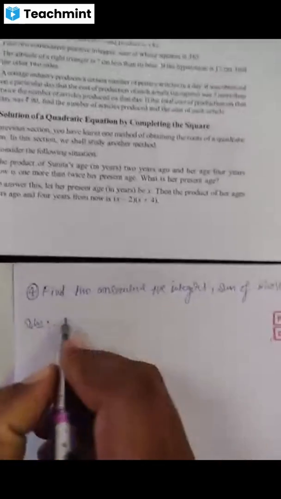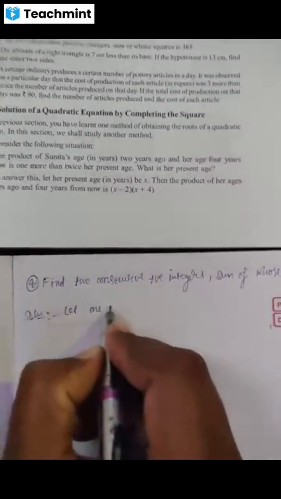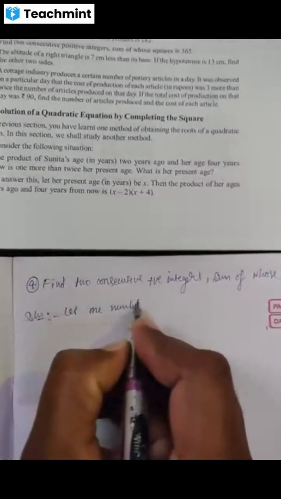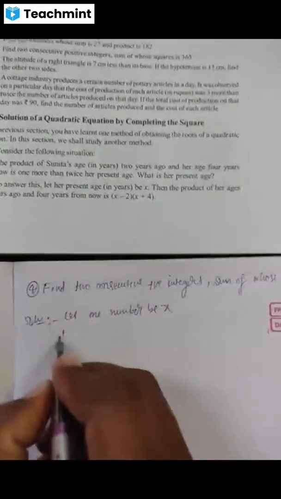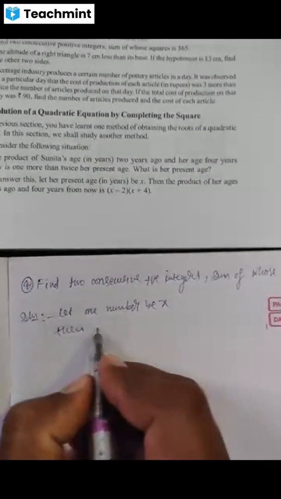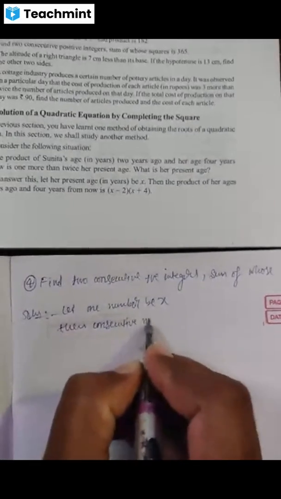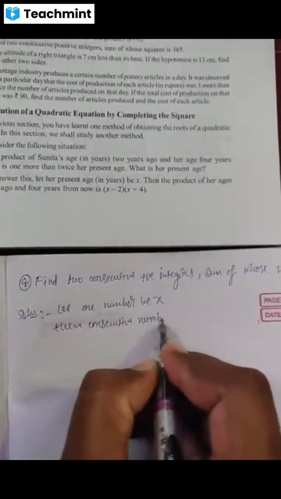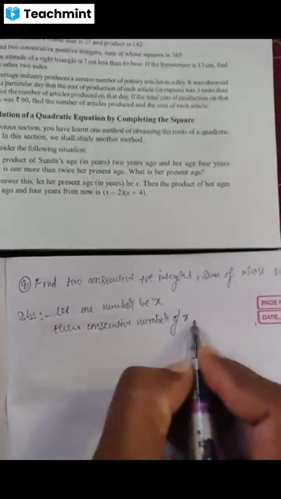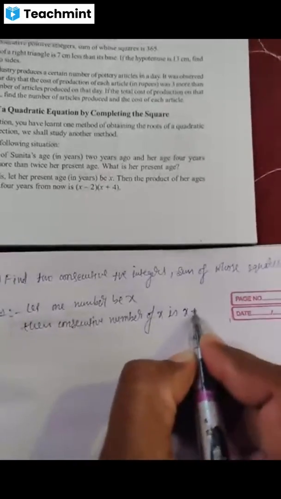Okay, so let one number be x, then the consecutive number of x is x plus 1.